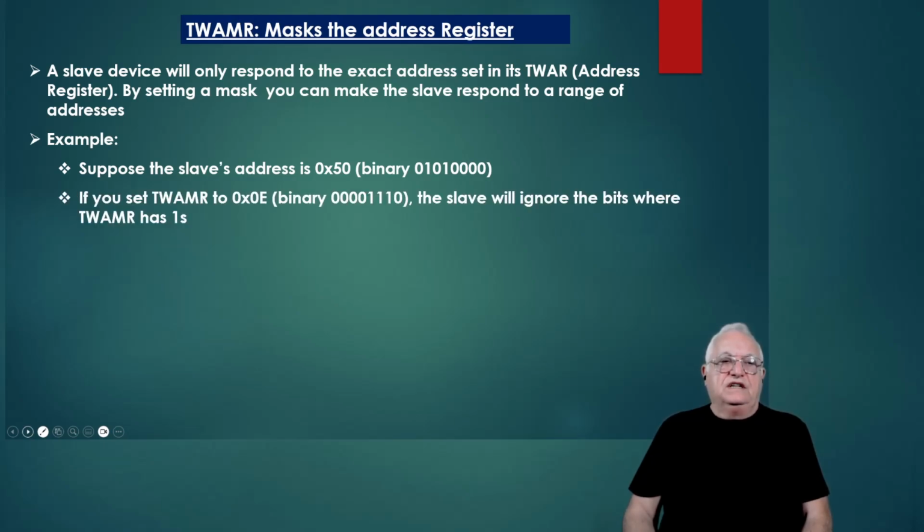If you set the TWMR to E0, the slave will ignore the bits where the TWMR has a 1. So what do we have here? Bits 7, 6, 5 are ones. These are the address bits of the slave. So it's going to ignore its first 3 bits because we have 3 ones, and it's going to respond to an address 0101.